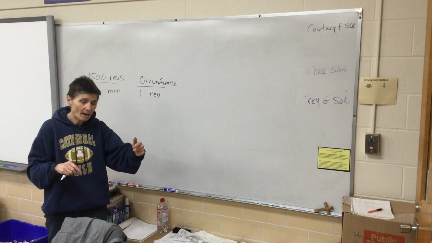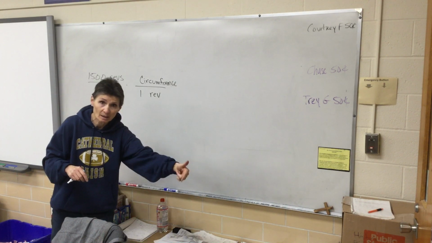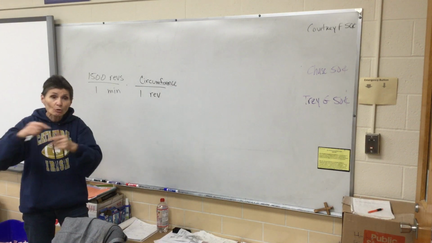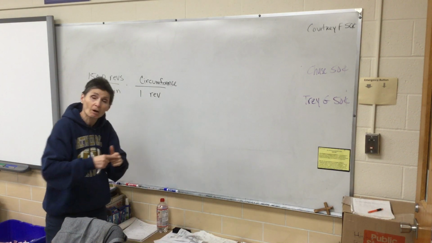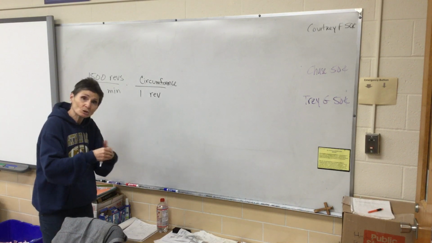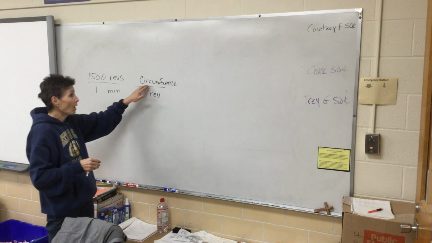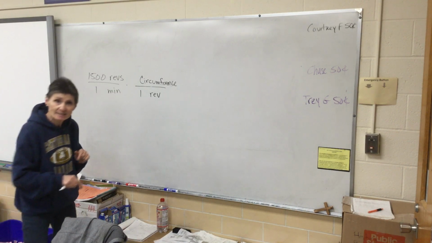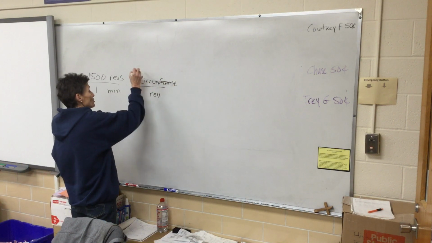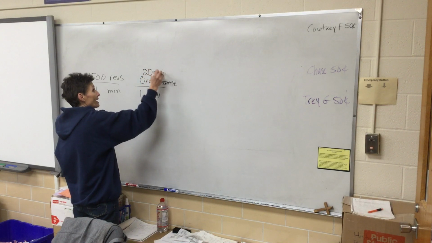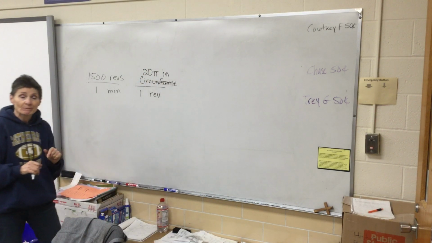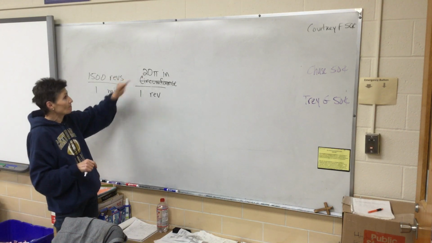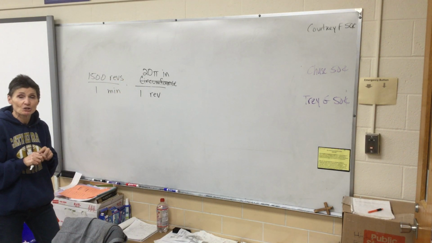Every time it goes around, it's going to leave a white mark on your driveway. And those white marks are going to be 1 circumference apart. So every revolution covers 1 circumference of distance. And if the radius is 10 inches, a circumference is 20 pi inches.